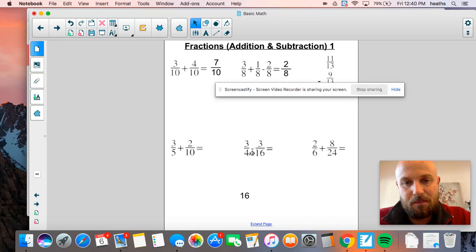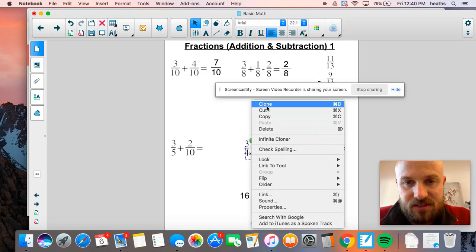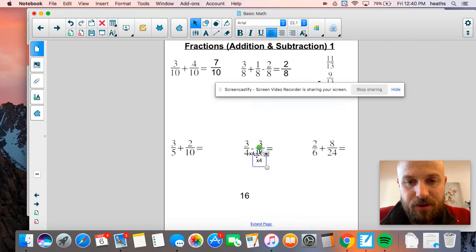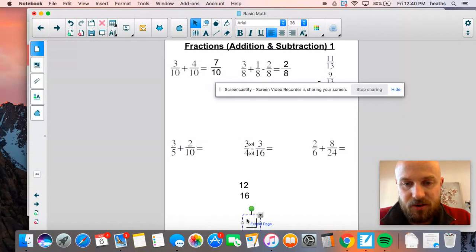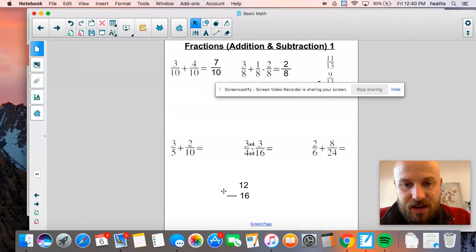Anything you do to the bottom number, you also need to do to the numerator or top number. So 3 times 4 would give me 12. And simple as that, I just converted that fraction above, 3/4. I converted that to 16ths, and now it is 12/16.